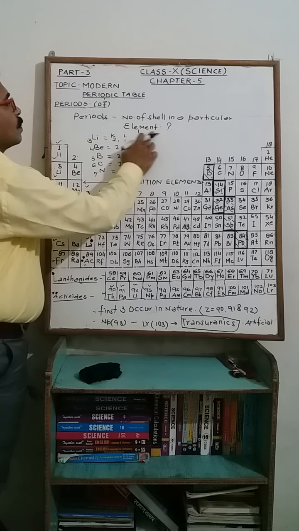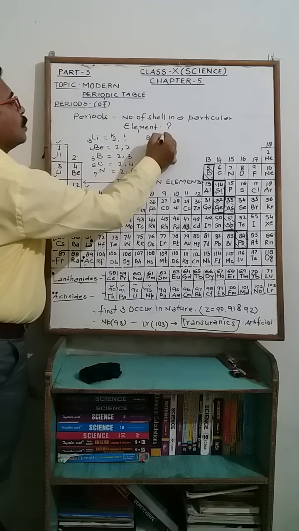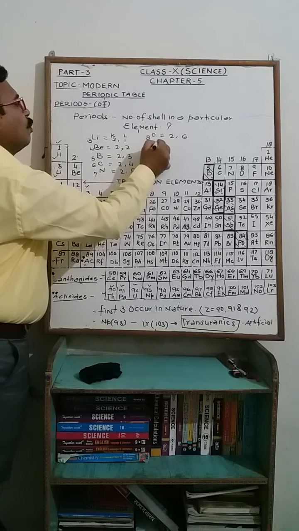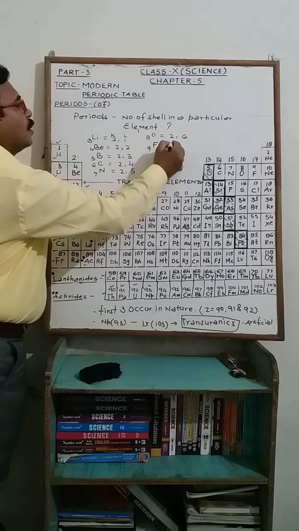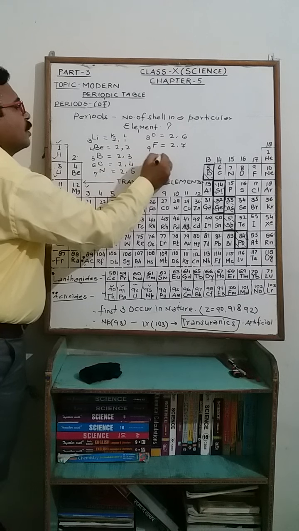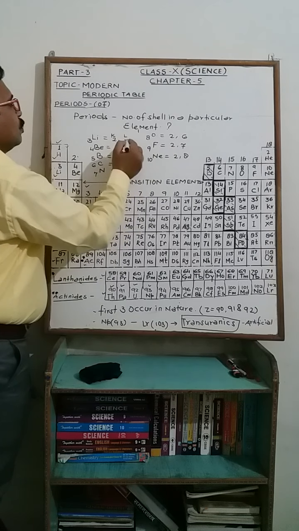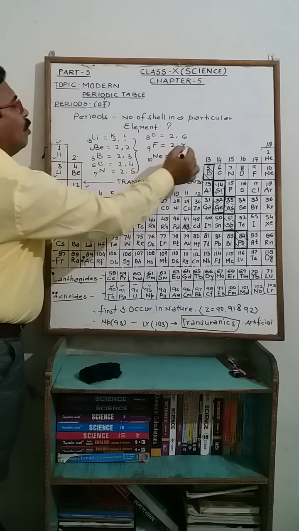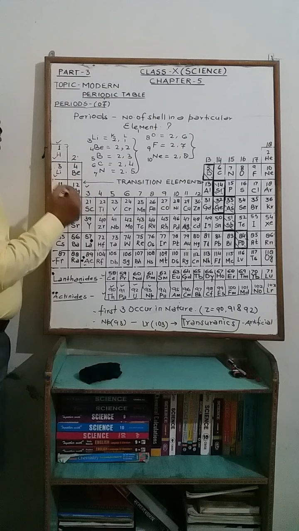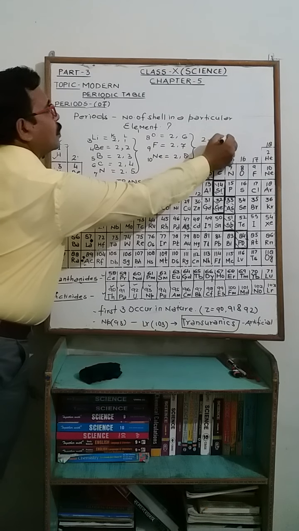Again with oxygen 2, 6, 2 shells, fluorine 9, 2, 7, 2 shells, and neon 10, again 2, 8, 2 shells. So all of these elements which are in second period, all are having only 2 shells.